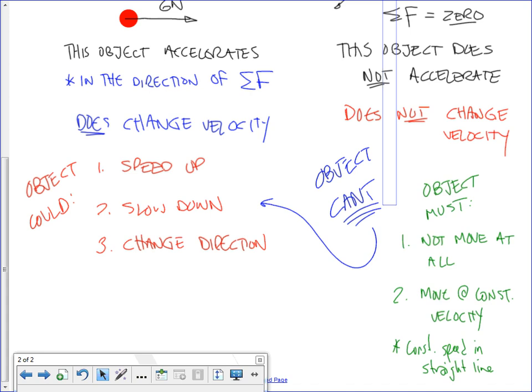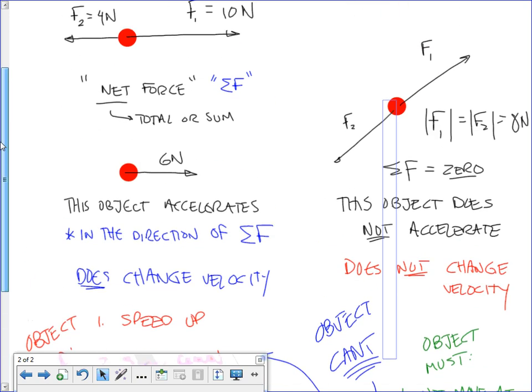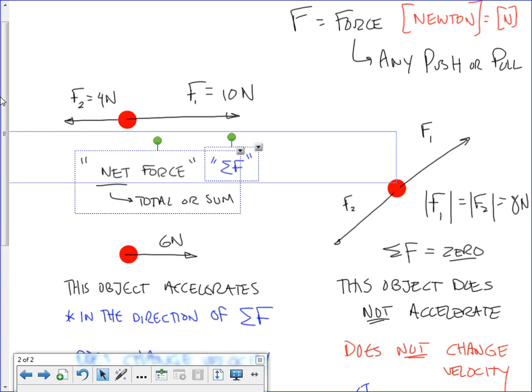All right, so there's a major difference between what objects do based on what's happening to them. Any object that we look at is either going to have a non-zero net force, where there is a net force, or there's going to be a case where objects have zero net force acting on them. Now this case has a name.